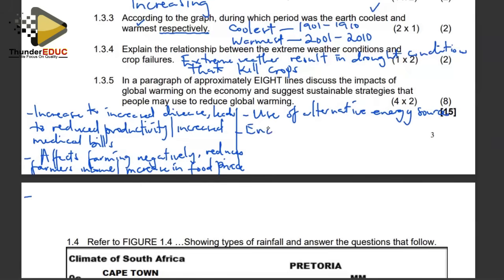We can also encourage people to use public transport. Let's use public transport so that we minimize the damage to the environment caused by emissions of pollutants into the atmosphere.